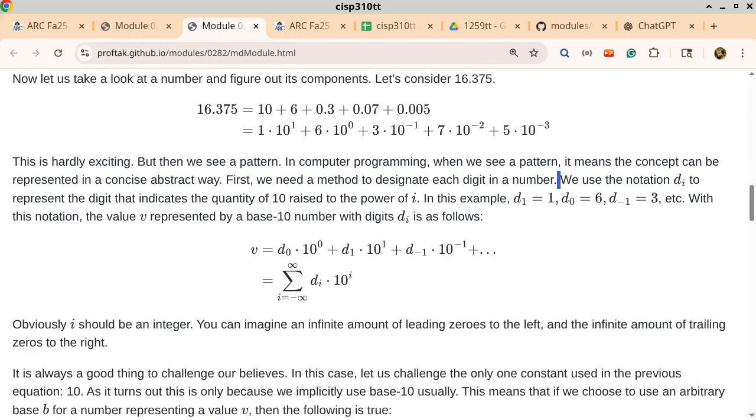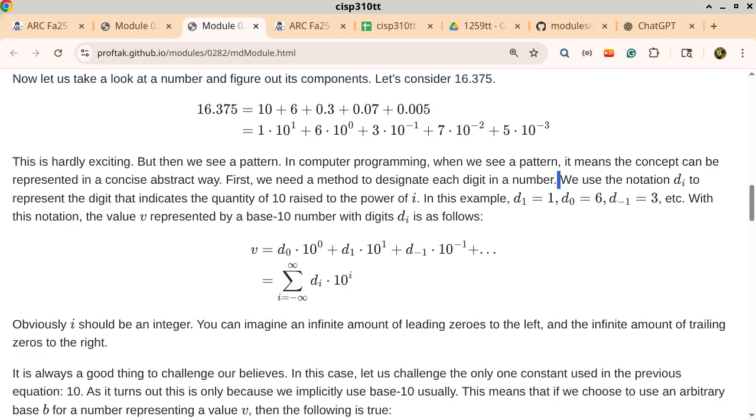Because without the decimal point, you would not know where D0 is. Is that okay? All right.